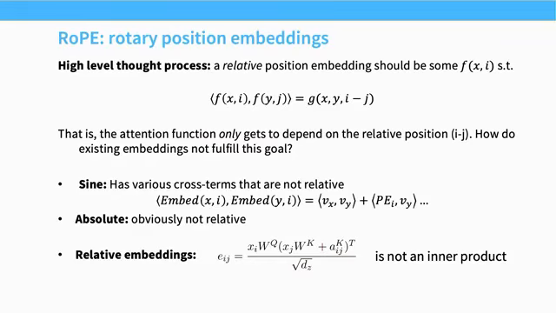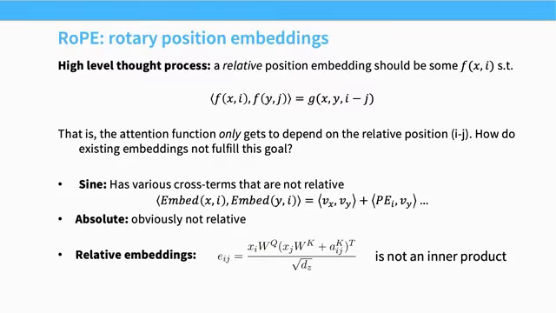So rope is a relative position embedding. And for a relative position embedding, let's take the opinionated stance that I should not care about the absolute position of any words. So if "a" and "apple" appear together, even if it appears at the start or at the end, in rope embeddings, they should get the same sort of result.